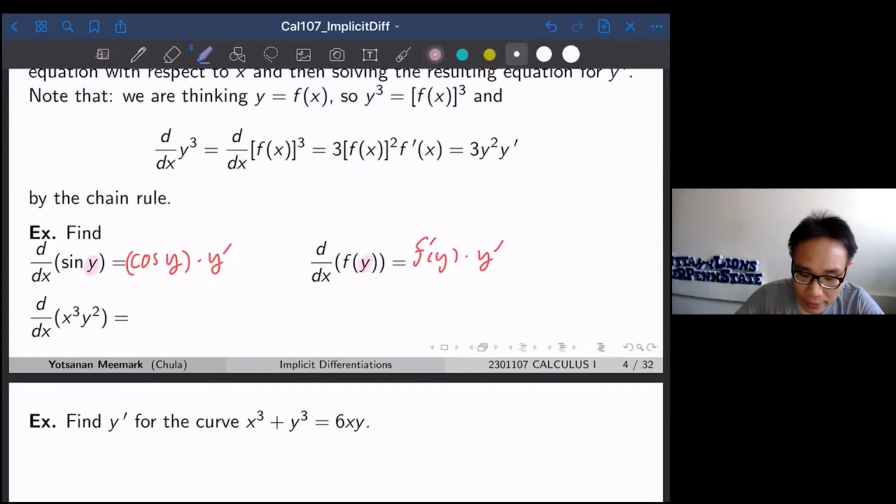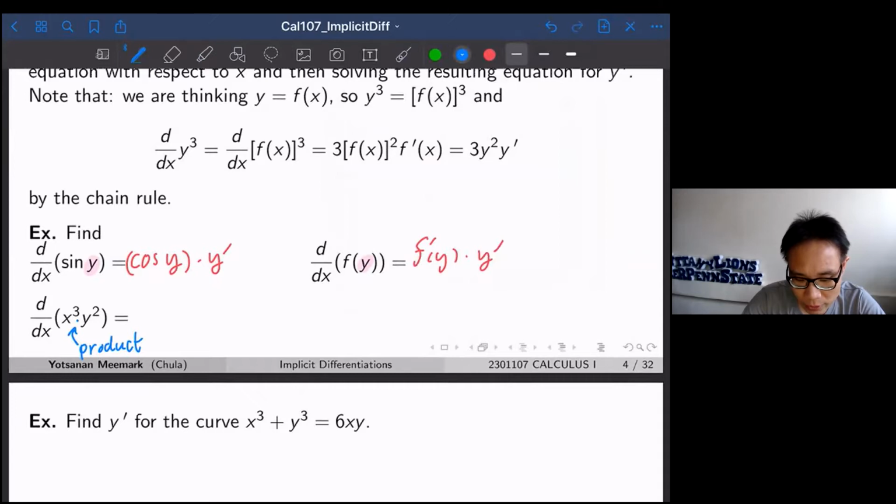And if you have d/dx of x cubed times y squared, you're going to see that this is a product, the product between x cubed and y squared.